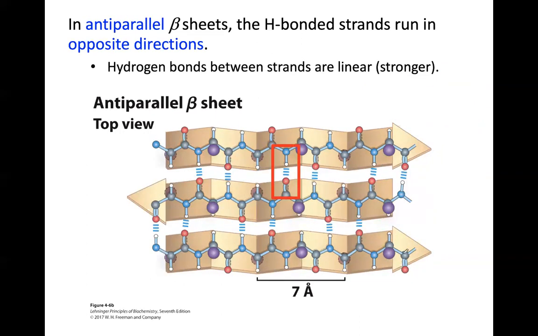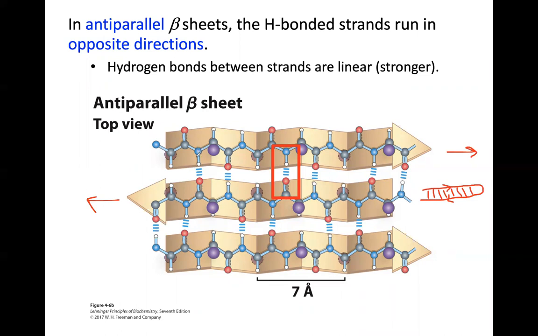And now the second one is anti-parallel. So now you can see that this strand goes in this direction and this strand goes in that direction. Usually the way this works is you have a sharp turn and this goes back. When it's anti-parallel, it's the same strand, just with a sharp turn and going back, okay? So here, there's a different type of hydrogen bonds.